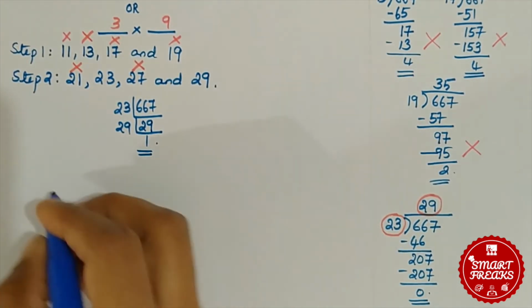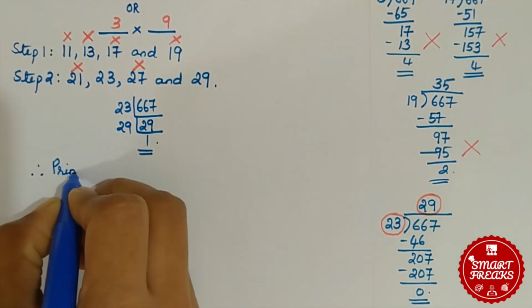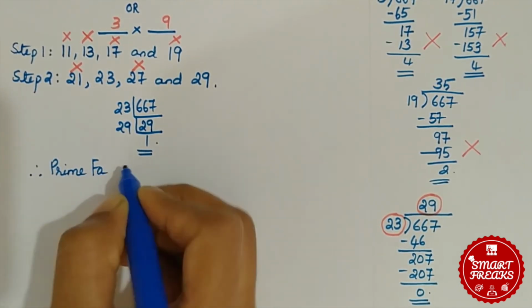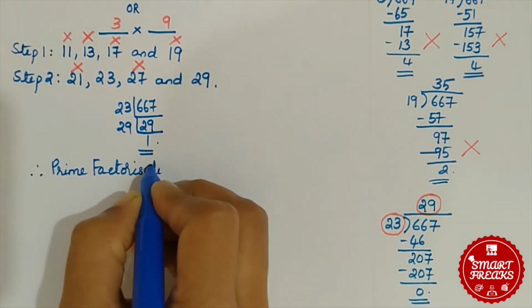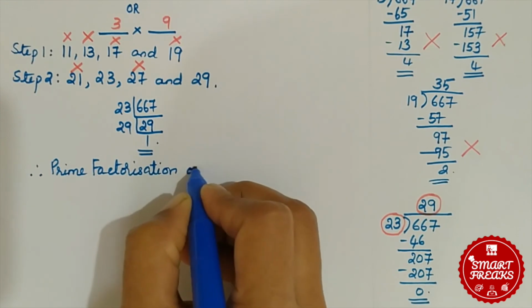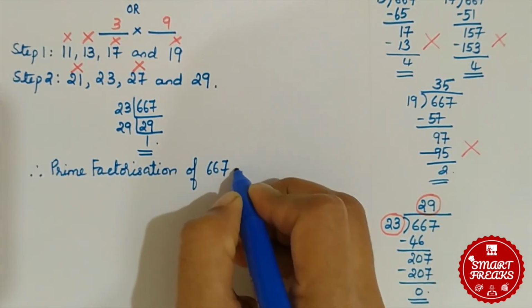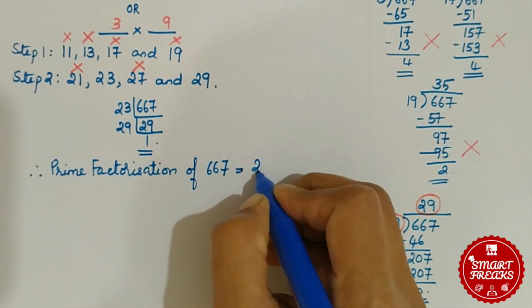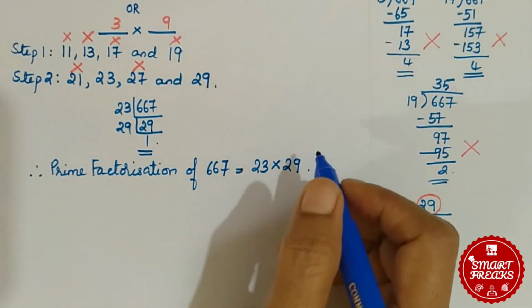Therefore, prime factorization of 667 is equal to 23 into 29. Okay.